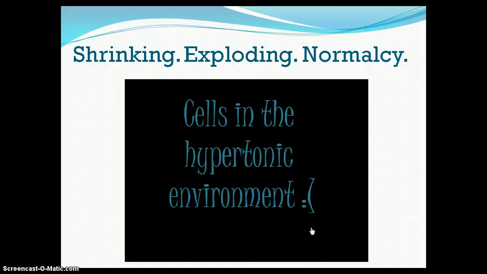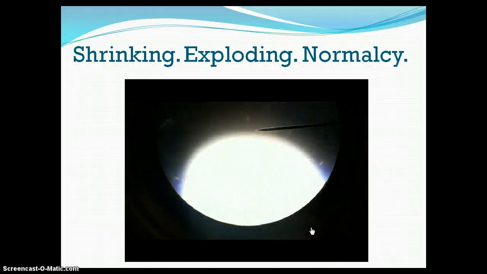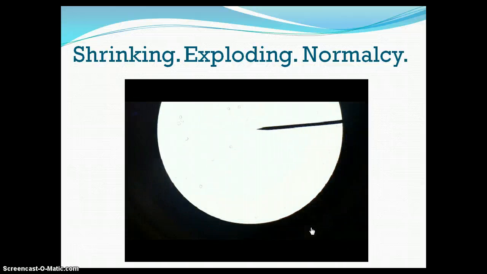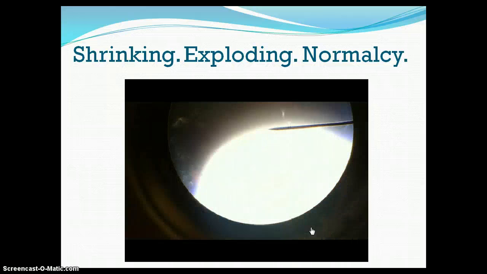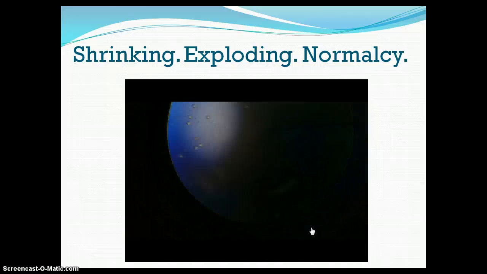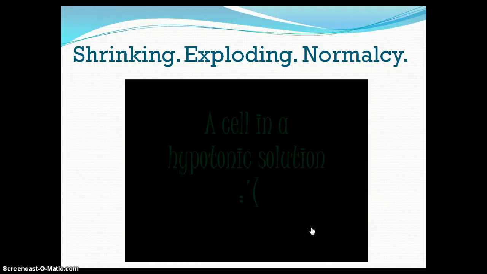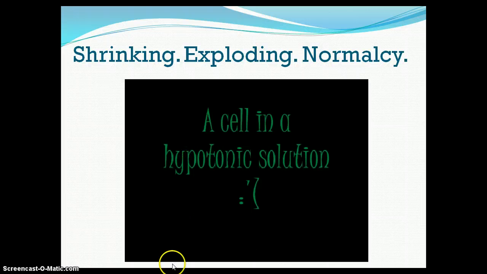Now, as we can see, our cells have shrunk. It's what we call crenated. Those cells that we just saw were crenated. They had shrunk in the hypertonic solution.